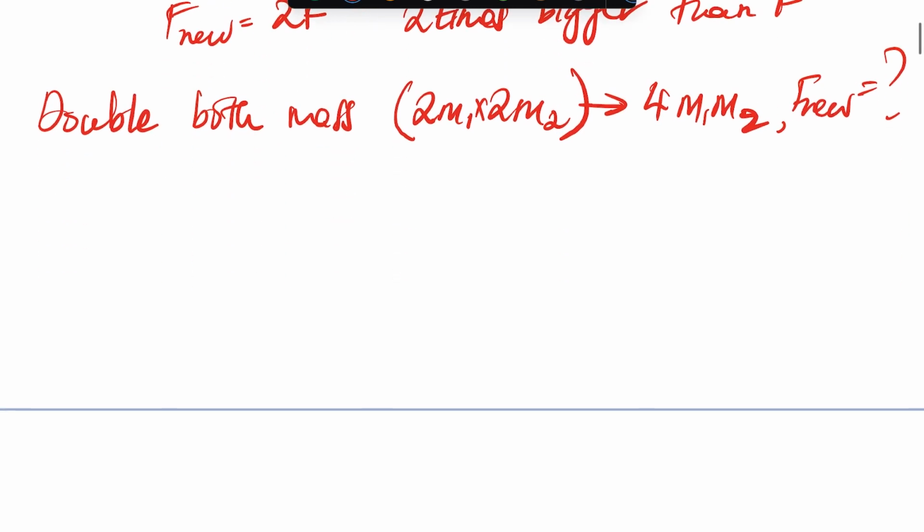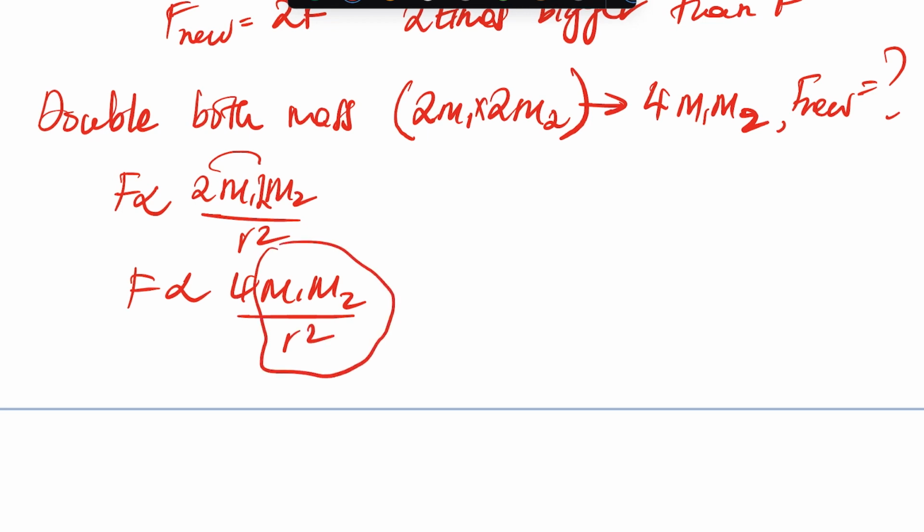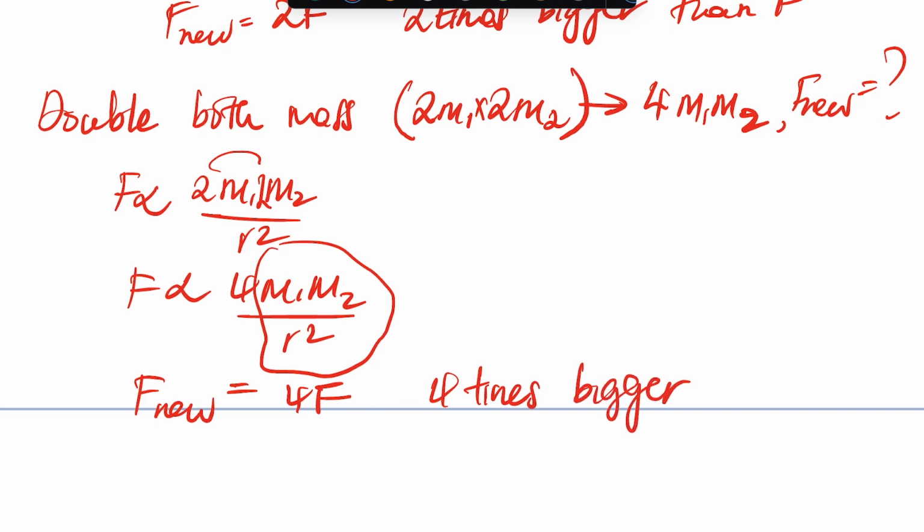Originally the force is F. So proportionally we say 2 mass 1 times 2 mass 2 over r squared. So there's 2 times 2, that is going to be 4 mass 1 times mass 2 over r squared. And then we change this to F, so the new force is going to be 4F.